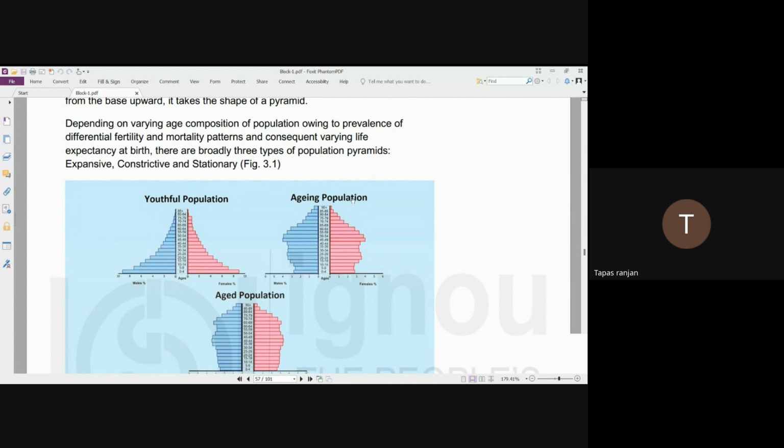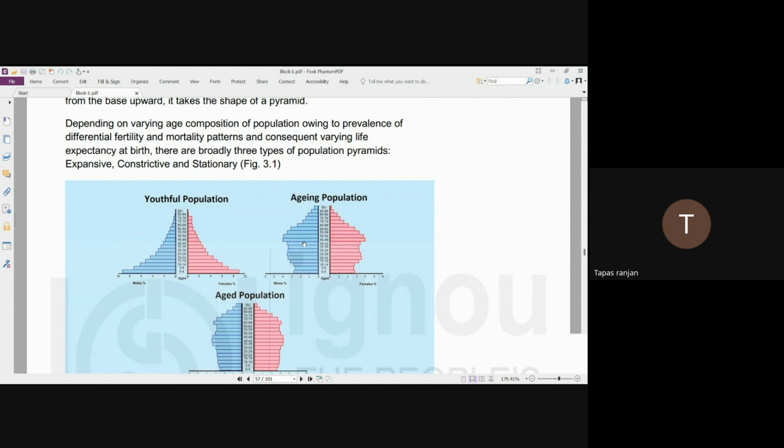These are the female population, these are the male population, and remember this is in percentage. So what does that really mean? The 0 to 4 age group of people are contributing just less than 3% to the male population. Here also, similar.